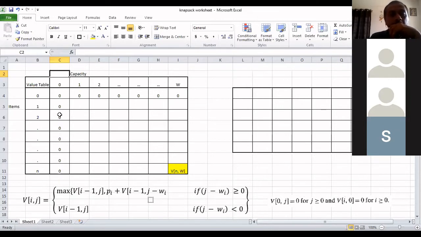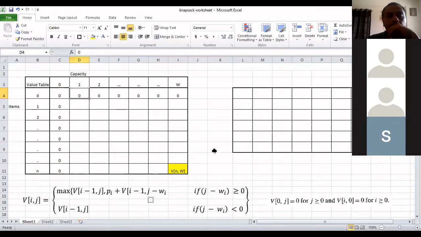When you can't accommodate any item, the profit of that knapsack remains 0. So this is the logical meaning of the 0th row and 0th column. Why we are using this, I will let you know. This will act as our initial solution for finding out the remaining cell values.